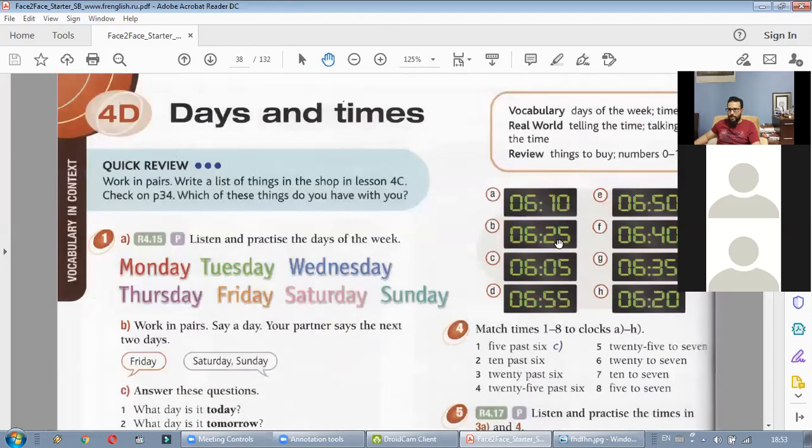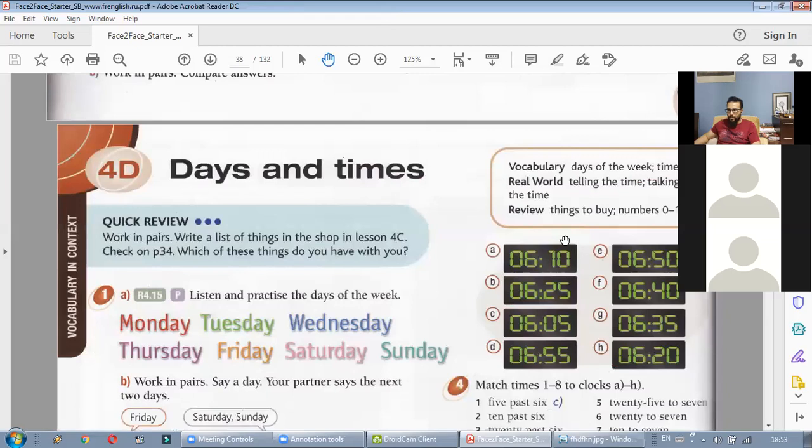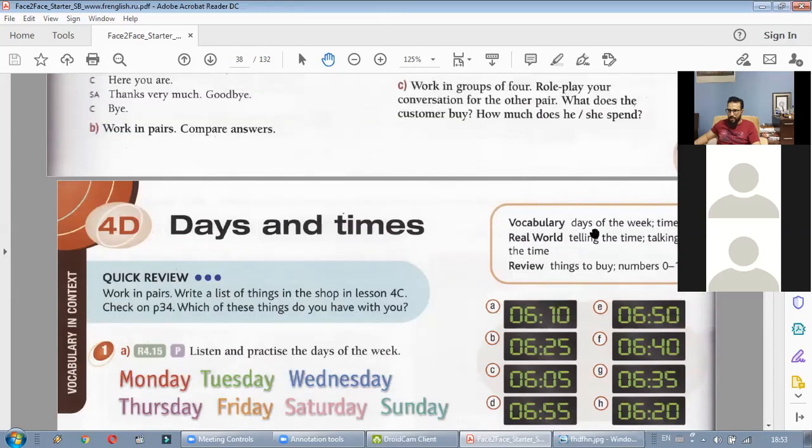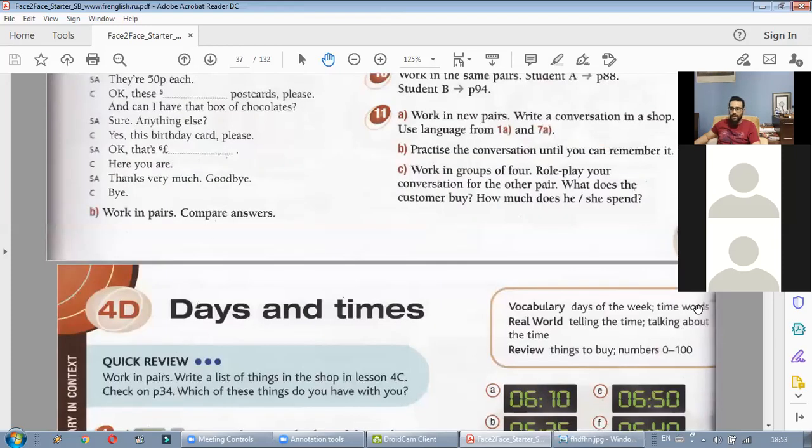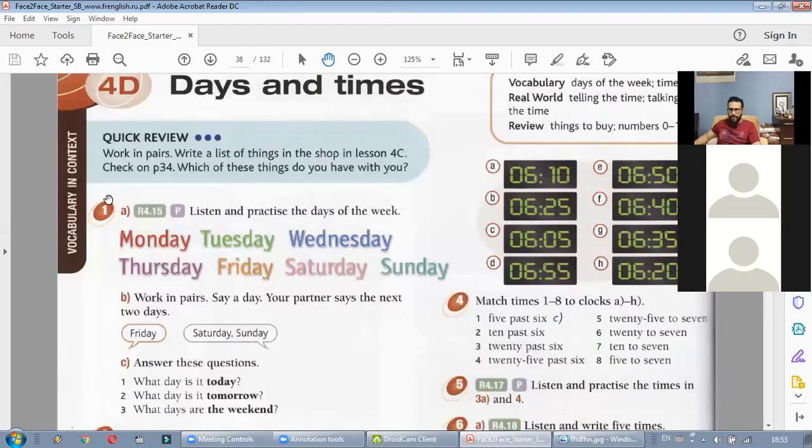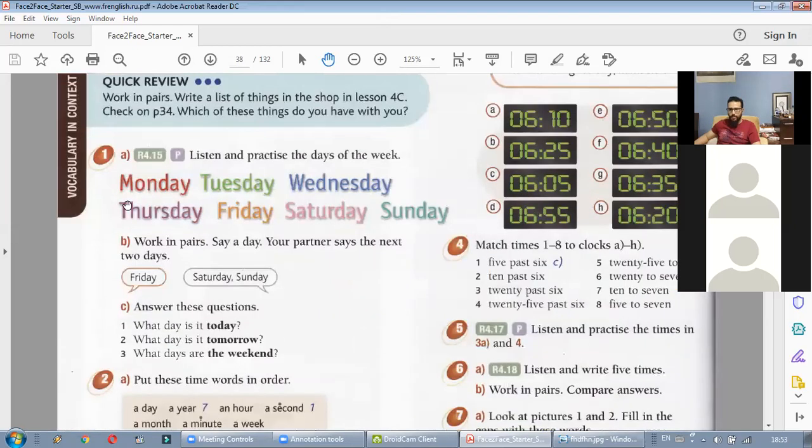In this lesson, we have some vocabulary. We want to talk about days of the week. So we're going to study how to talk about days and how to talk about time. So we have some time words, okay? And we will also learn how to tell the time and how to talk about time in general. Okay, so let's start with the days. So let's listen.